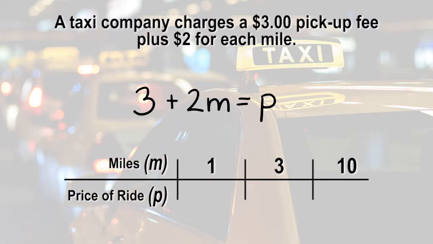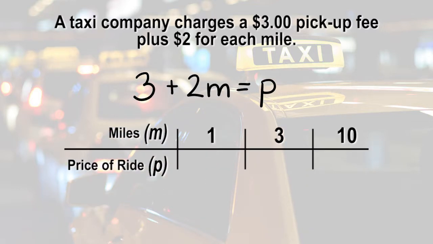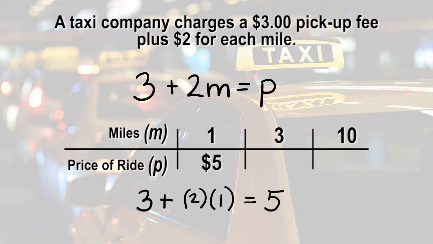We can now create a table that shows the total cost of the taxi ride depending on the number of miles traveled. We will use the equation to determine the total cost by substituting the number of miles into the equation to find P. For example, a 1-mile ride would be 3 plus the product of 2 and 1, which would equal $5.